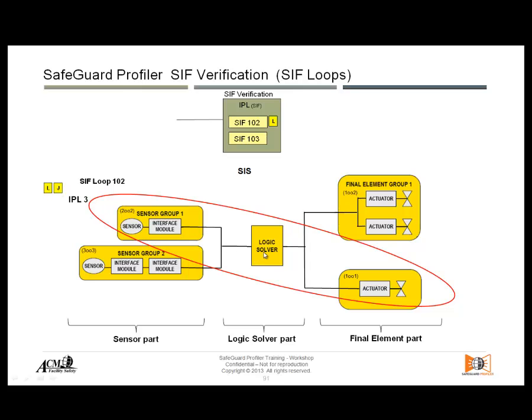But that doesn't mean that you might not have another loop, and that other loop might be, for example, independent protection layer number 6 that is being used someplace else, and it is defined by the safety instrumented function loop number, named loop 103.